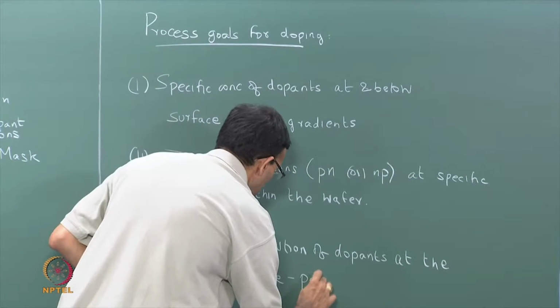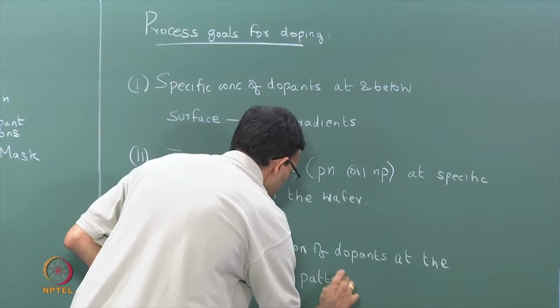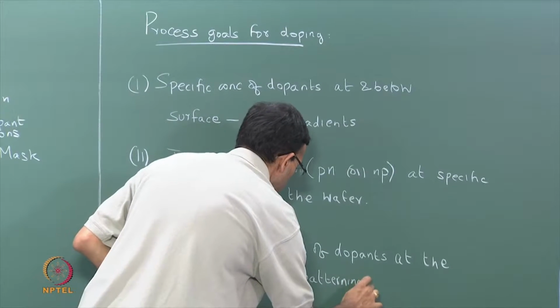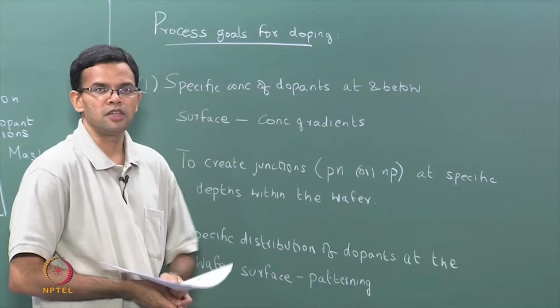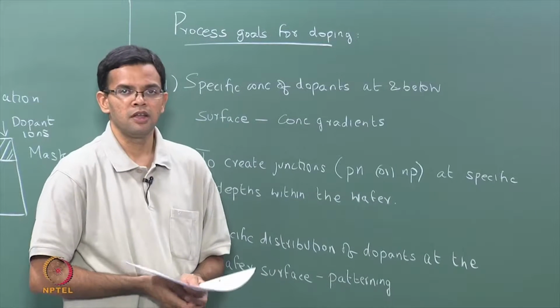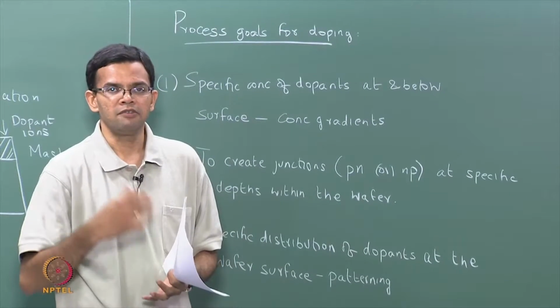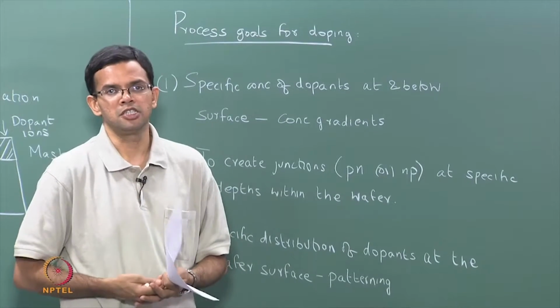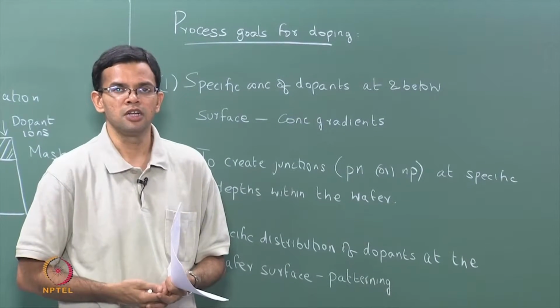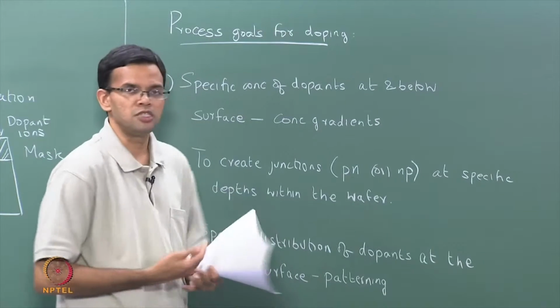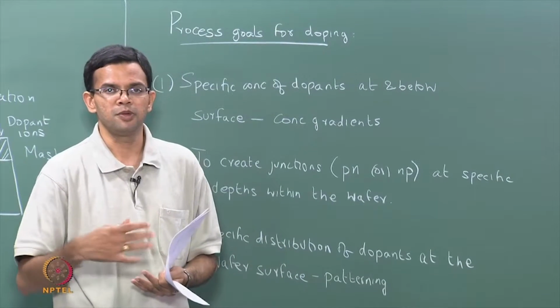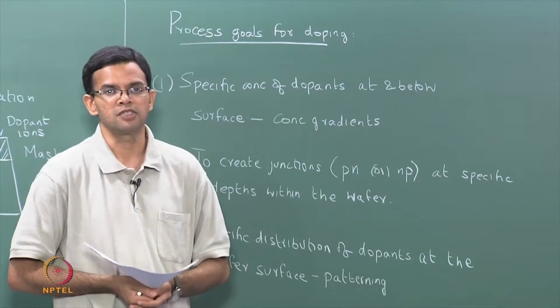This is related to patterning, because in the case of a blank wafer, we are going to use it to form an IC device. We will have transistors at different locations, we could have simple diodes, in which case we need to form these junctions, or we need to dope in specific locations on the wafer surface.